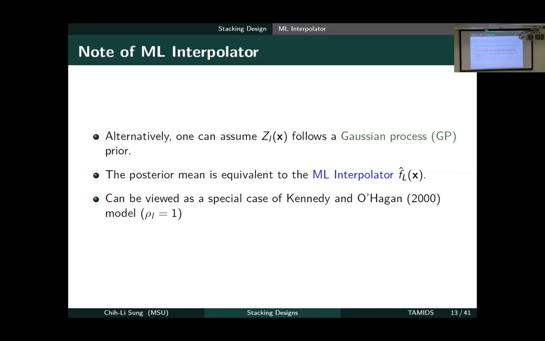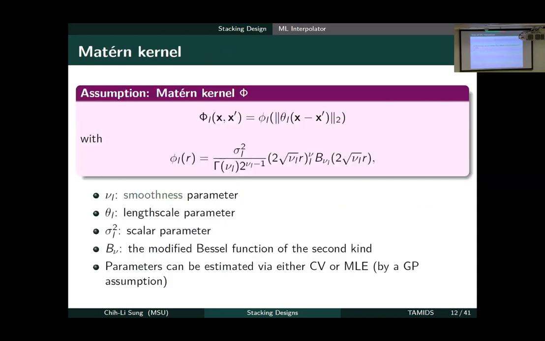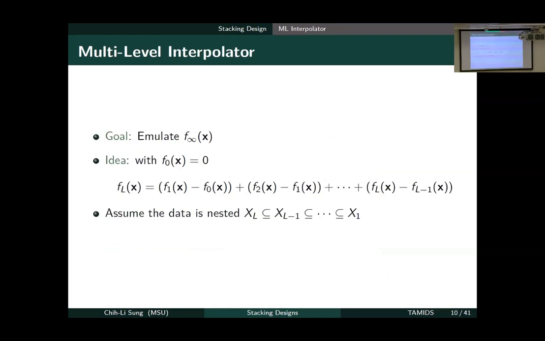Yeah. In the previous slide, how would you describe the difference between single and multi-fidelity exactly? Yeah, so this model is for multi-fidelity. Right, that's a good point. If I have only single fidelity simulation, then I'm not going to use these differences as my observations.